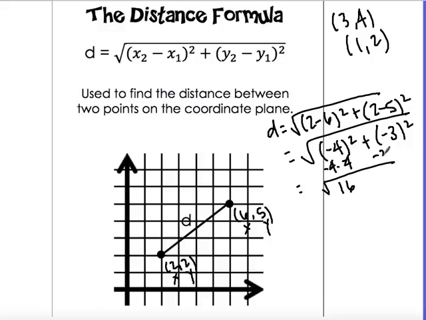Negative 3 squared would be the same as negative 3 times negative 3, which would give me a positive 9. So 16 plus 9 gives me 25, so I'd have the square root of 25, which would give me 5, because 25 is a perfect square. So the distance between the points (2, 2) and (6, 5) would just be 5.